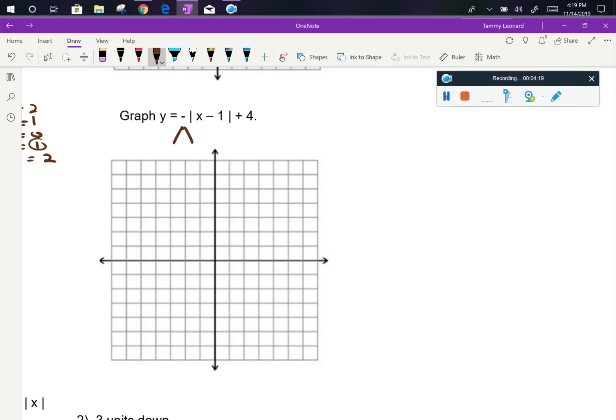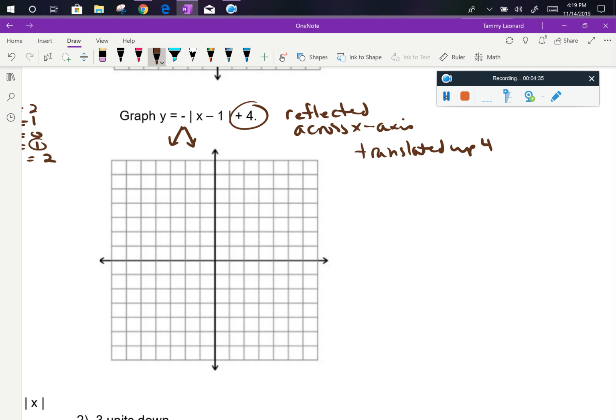I can see that my absolute value graph is going to be reflected across the x-axis. That's what that negative does in front of the problem. But it's also going to be translated up 4 spaces. So I'm going to start by translating up 4 spaces.